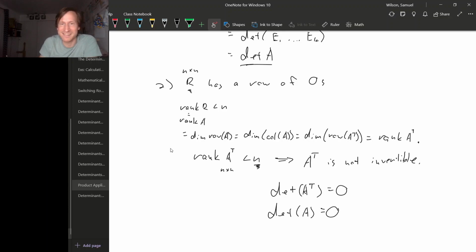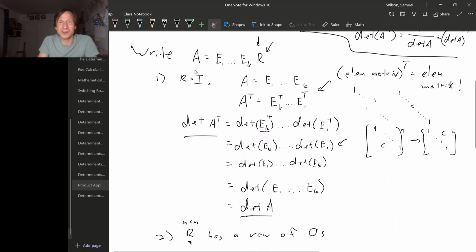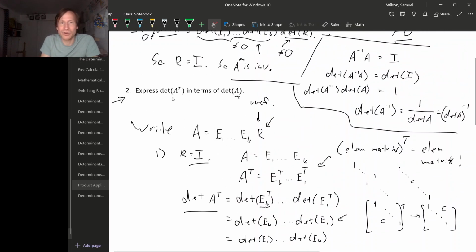Exactly the same argument: here we have the rank of A is less than n, so A is not invertible, and so the determinant of A also has to be 0. So either way, whether the reduced row echelon form of A is the identity or not, we've shown that the determinant of the transpose is equal to the determinant of the original matrix.